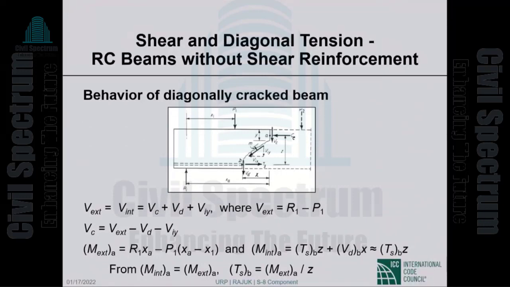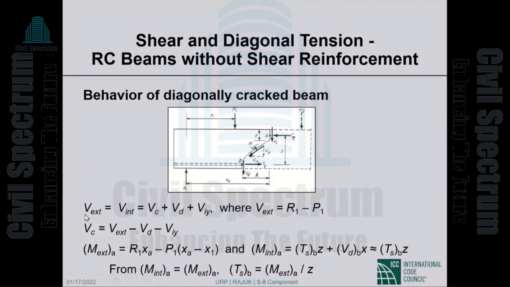So let us look at how a diagonal crack, once it opens up, may stabilize. So, behavior of diagonally cracked beam. This is the diagonal crack, obviously, that has formed.